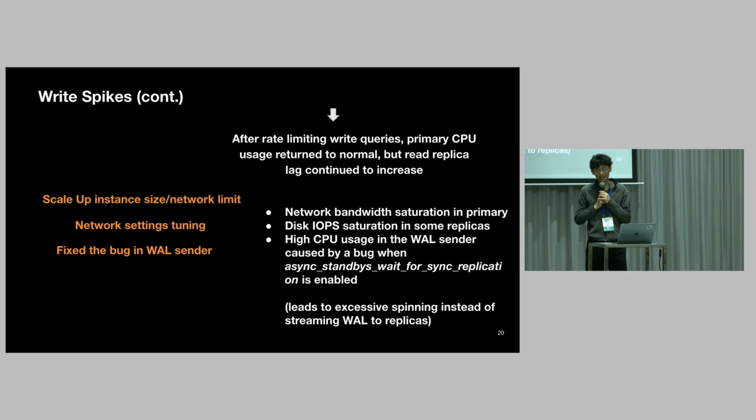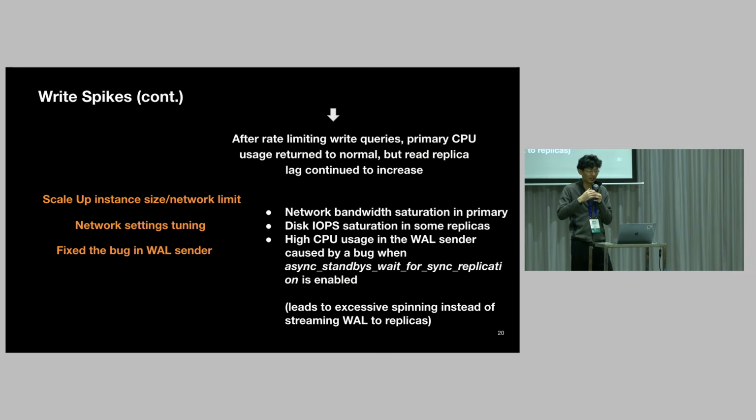We also see high CPU usage in the WAL sender. It's really strange because we had already stopped most of the RAG queries, but we see the CPU usage is super high. It's basically caused by a bug. The knob async standbys wait for sync replication is enabled by default, which means the primary needs to send the WAL to the standby first and get acknowledgement from the standby.